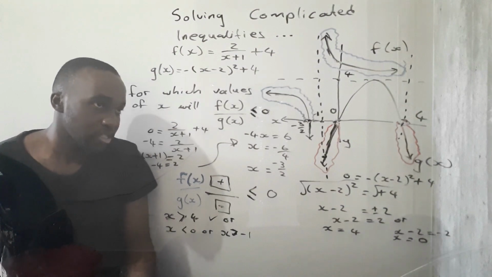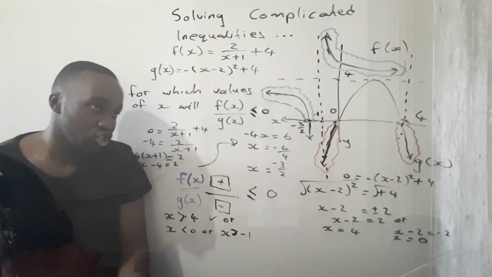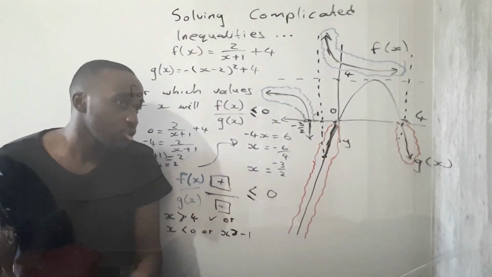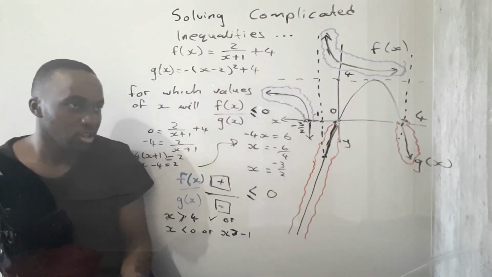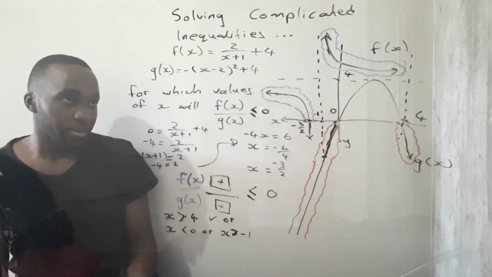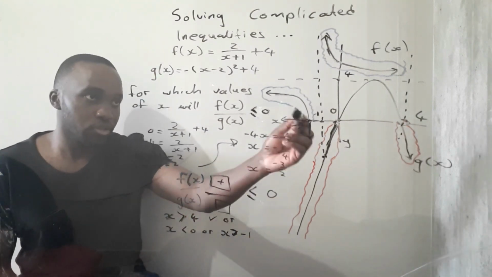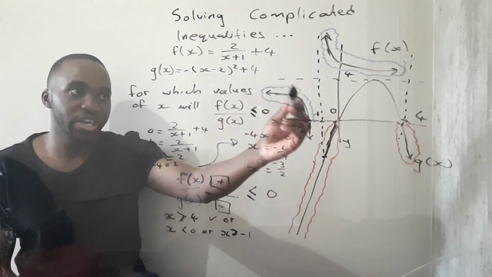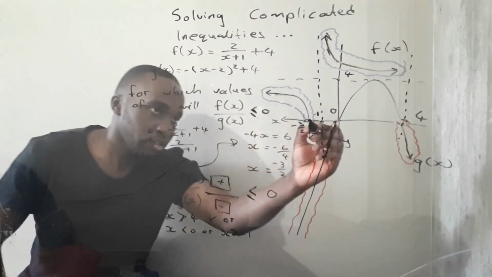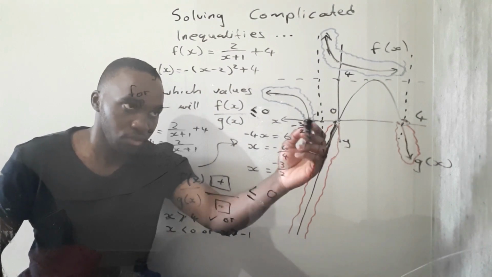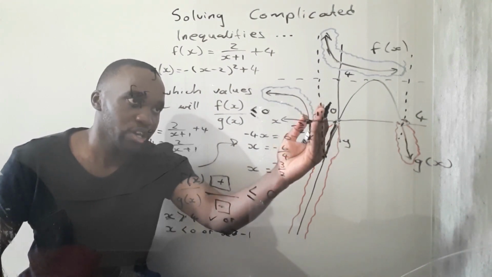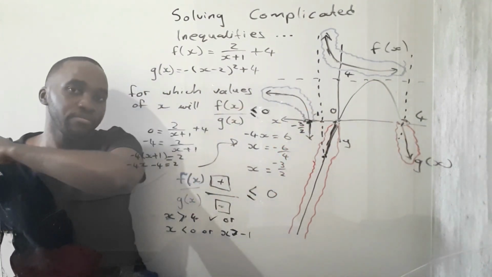If you look nicely, your graph of G is going to have negative y values all the way to negative infinity. From the top right, our graph of F has positive y values here. We can see that it's starting off at negative 3 over 2, going all the way to the left.